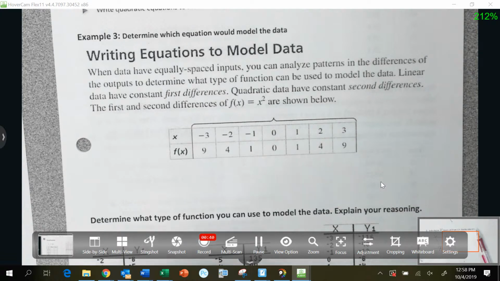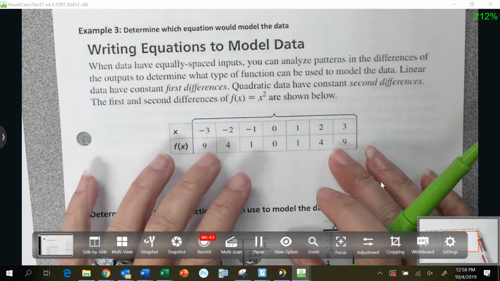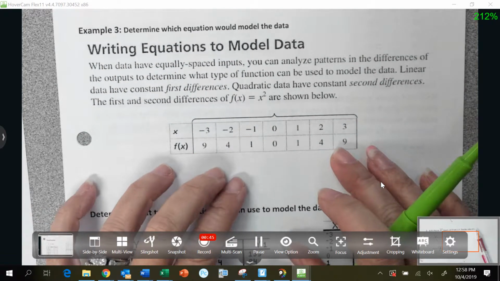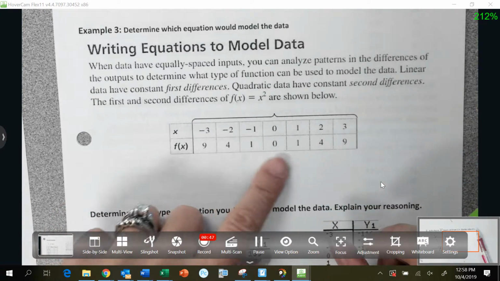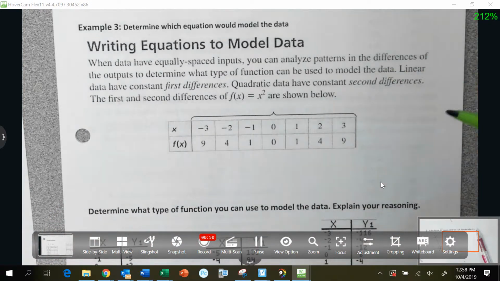So what we're going to do to determine what kind of model this should be is we're going to look at the outputs, the y values, and we're going to find what's called finite differences.